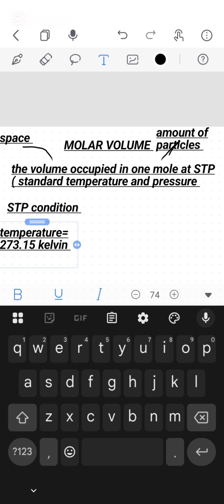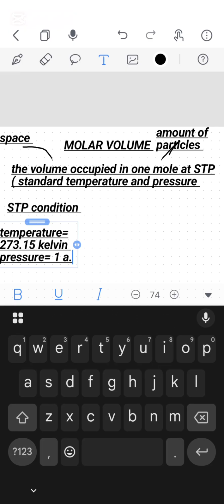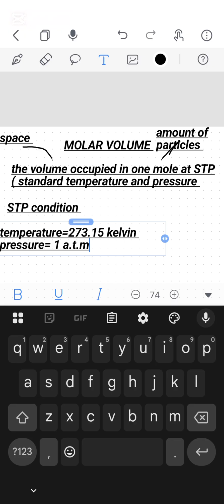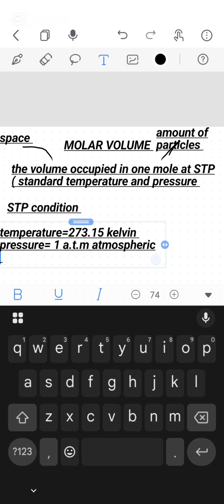And then the pressure is equal to 1 atm. So what is atm? atm is basically atmospheric pressure.